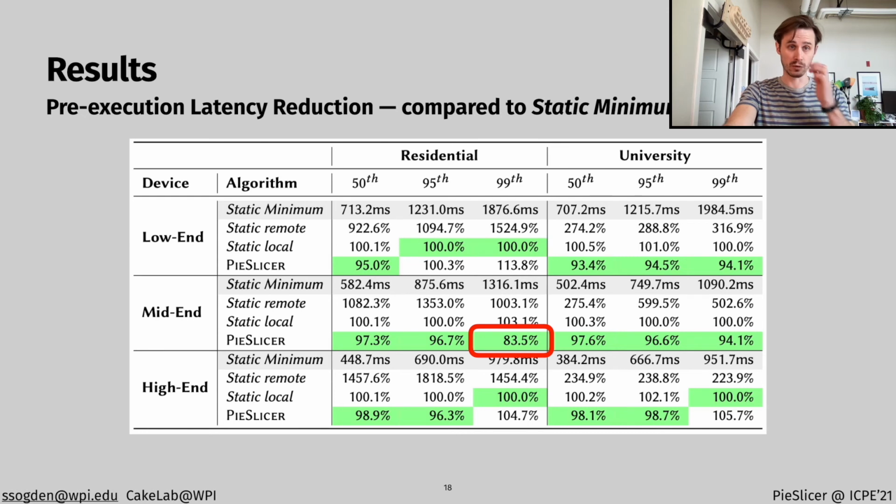This corresponds to a pre-execution time reduction of over 217 milliseconds, which exceeds the execution latency of many complex models. Second, the best median performance was an improvement of 6.6%, or just under 50 milliseconds. More details and delving into what we see at different levels can be found in our paper.